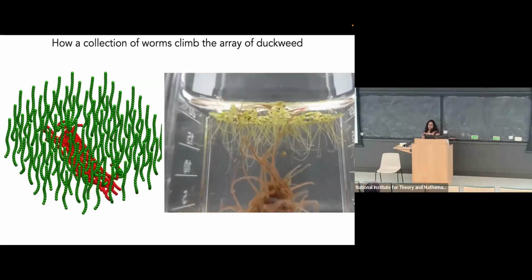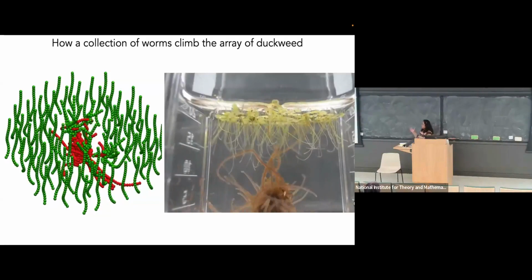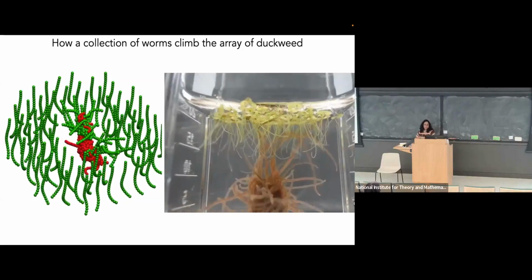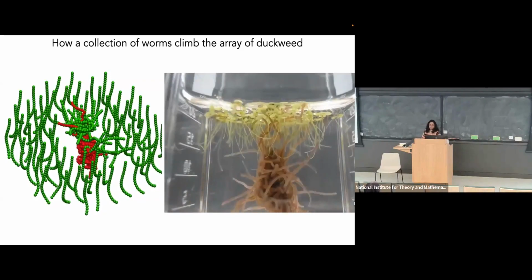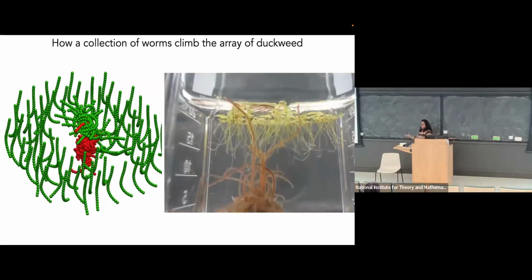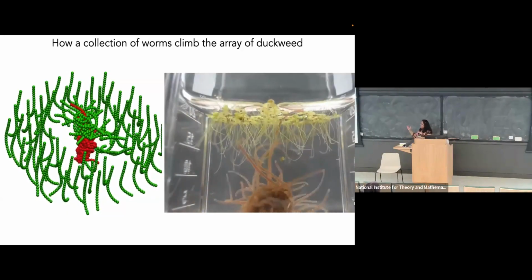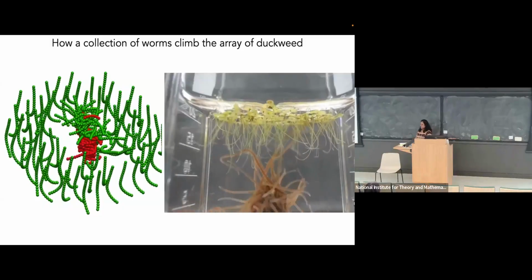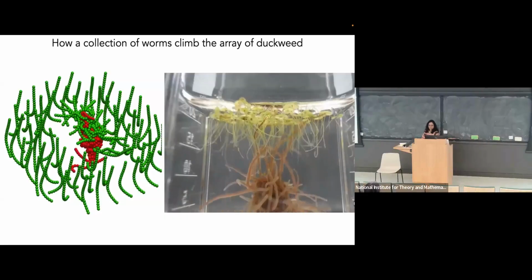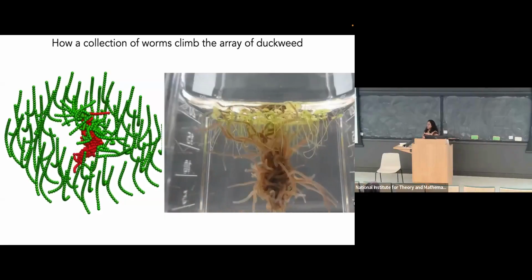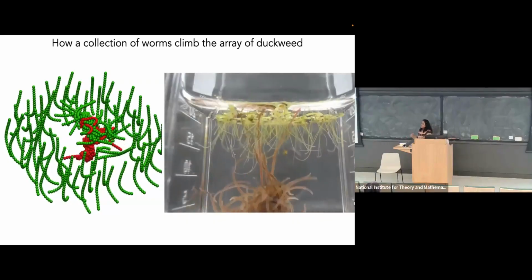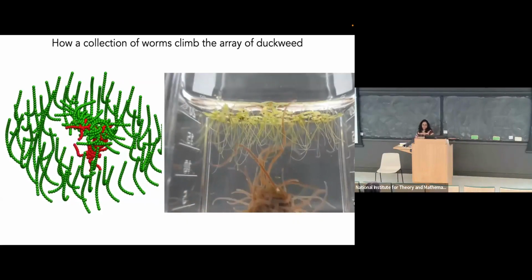So we also put in an array of duckweed and a large number of worms, like active polymers. We see that they can tangle with each other and climb the duckweed trees, which is very similar to the experimental system. The tangling dynamics of the worms actually help them deform the duckweed and climb these roots.